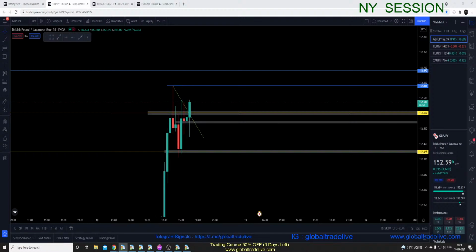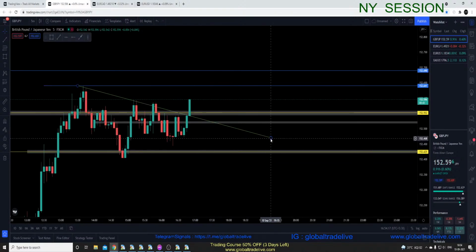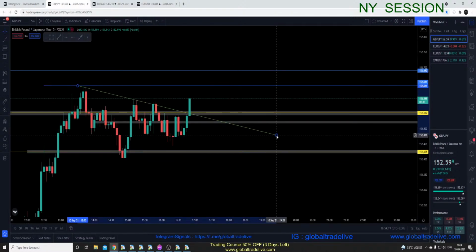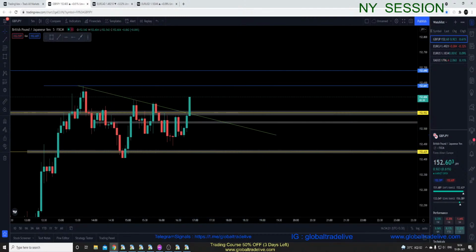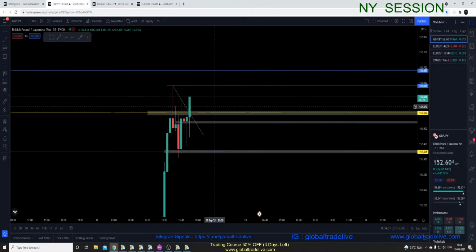So it just broke the highs from the left. It crossed above all the wicks from the left.